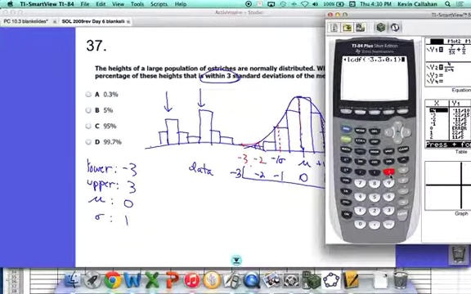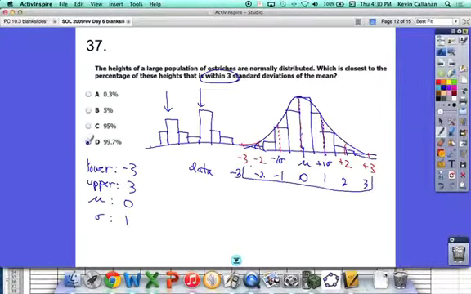Right? And when I hit enter, I'm going to get the % of the data which is in between -3 and +3 standard deviations. Okay, that is 0.997, which means as a percent, 99.7. So the answer to this question is 99.7.